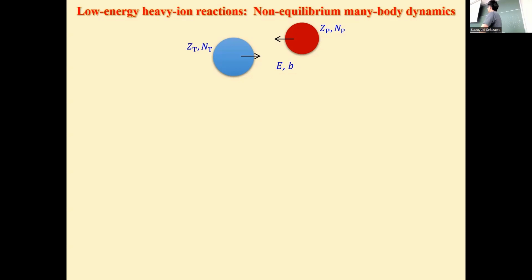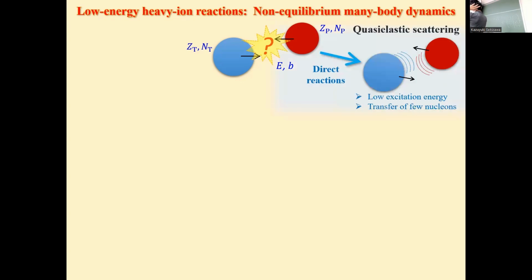So in the case of a reaction below the barrier, where the incident energy is small compared to the Coulomb barrier, or above the Coulomb barrier but with finite impact parameters, we have quasi-elastic scatterings.